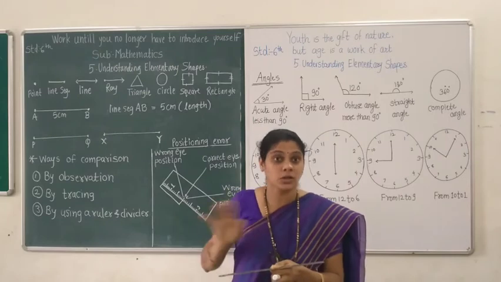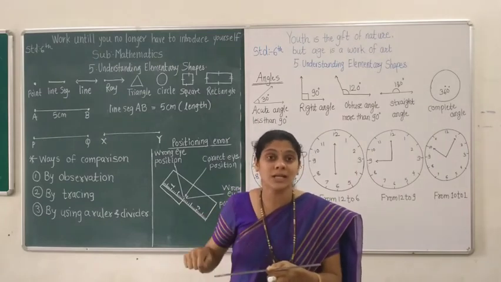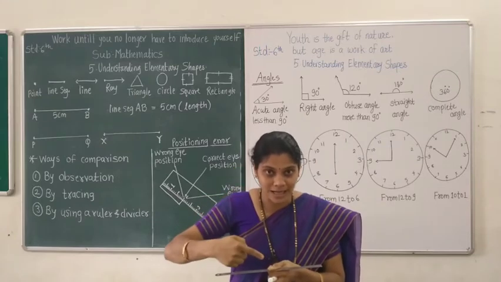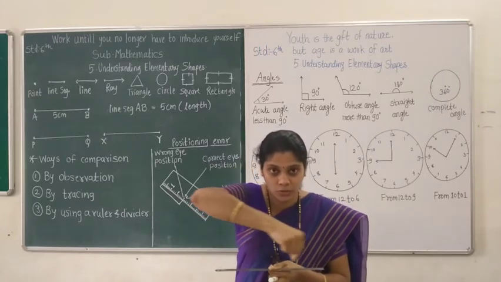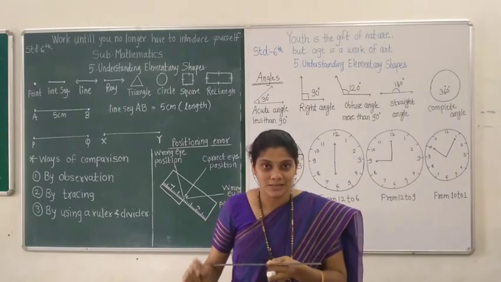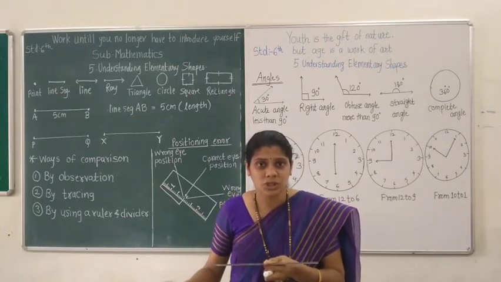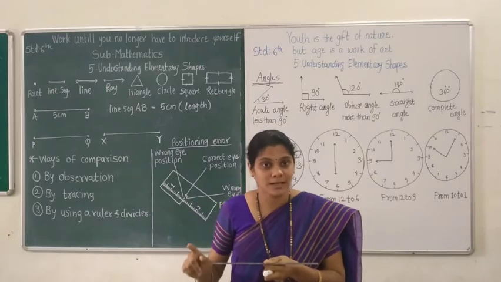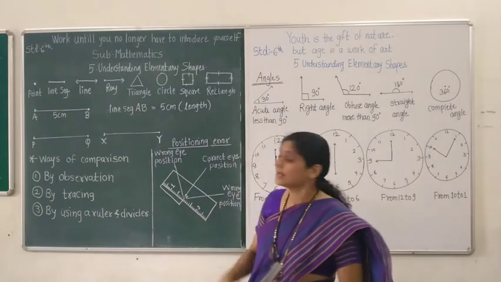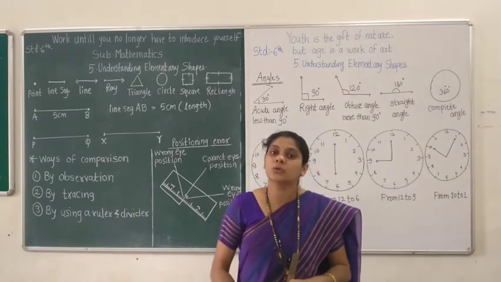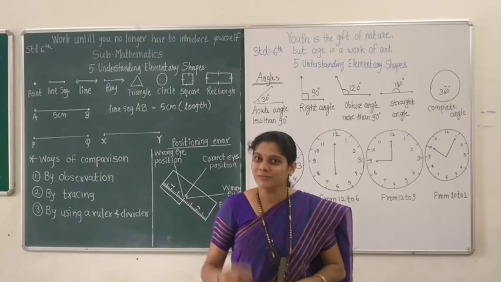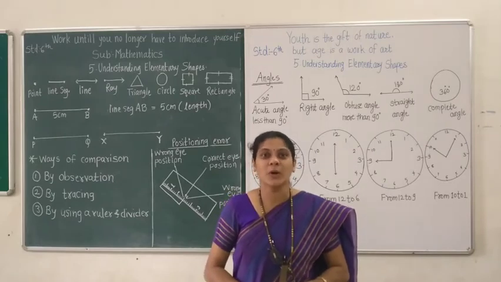These two ways are wrong eye positions. So we have to take the correct eye position like this. Always remember that while constructing or drawing any shape, you have to keep your correct eye position. With the help of this information, we have to solve exercise 5.1. So without wasting our time, we will solve exercise 5.1.